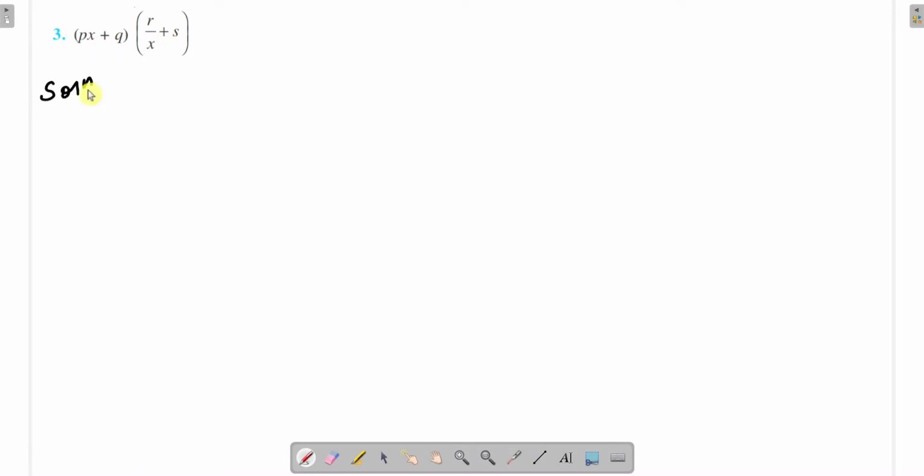So solution: you have to find the derivative of one function which contains the product of two functions. So derivative of, we have to put a square bracket now because there are two functions and they have the normal bracket like this. So px plus q multiplied by r divided by x plus s.